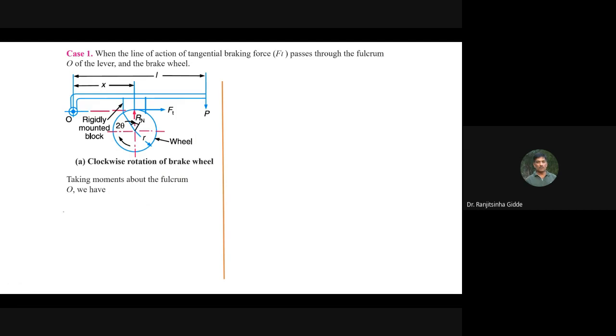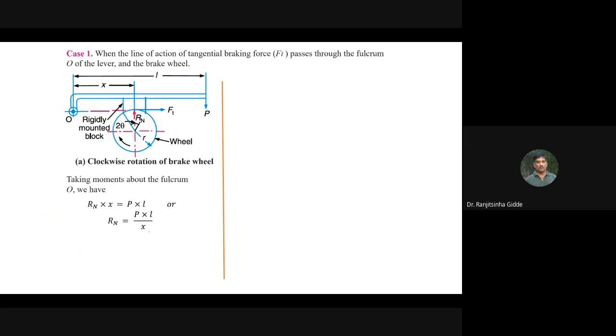For your understanding, Rn into x minus P into L is equal to 0. In sign convention, if you consider anti-clockwise as positive and clockwise as negative, then we can write like this. Again, just by rearranging, Rn into x is equal to P into L. So that is written directly.